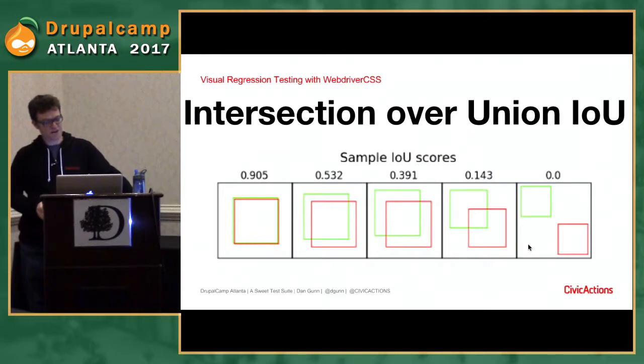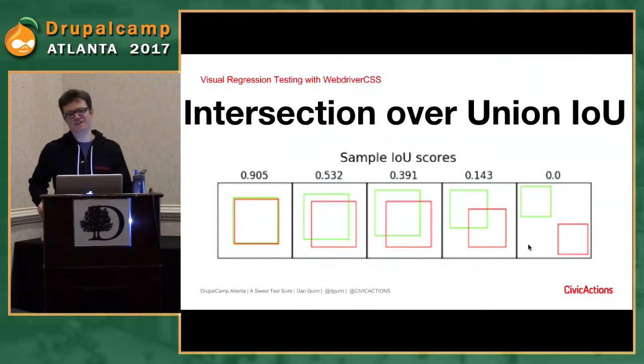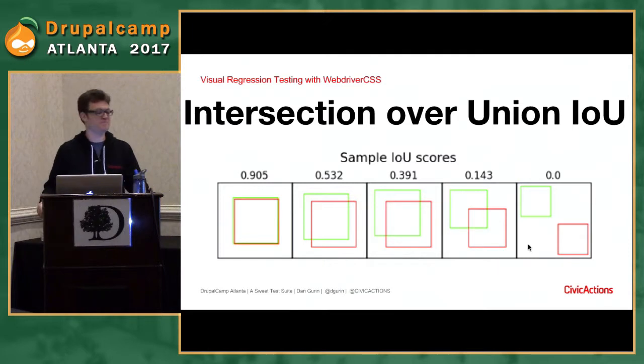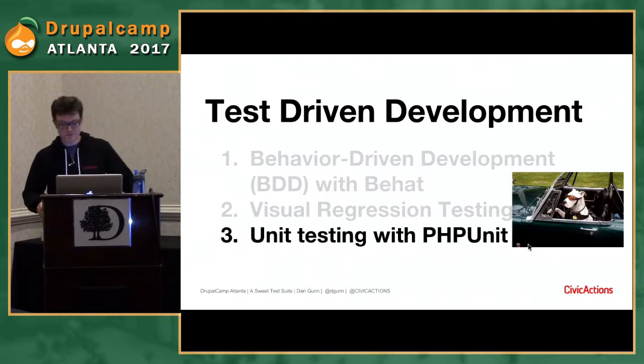And so you can set the threshold for your tests for the amount of difference that you're willing to tolerate between the differences of the images before and after. And that is visual regression testing.